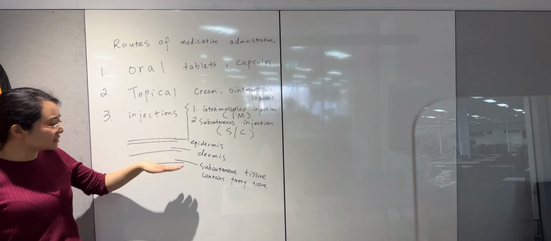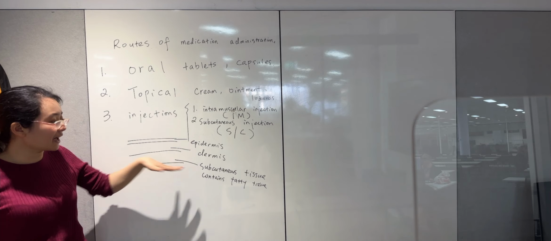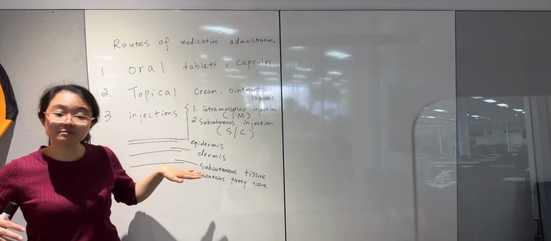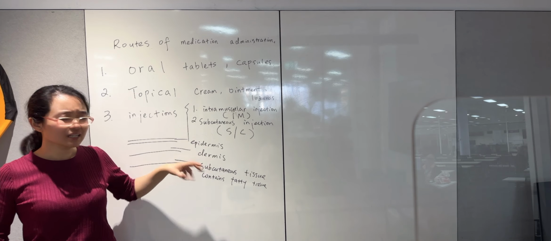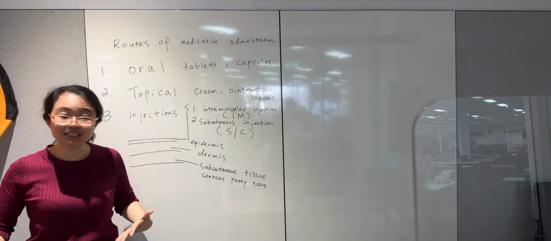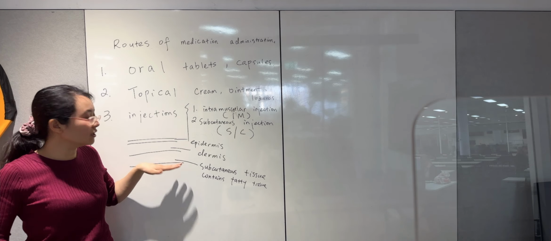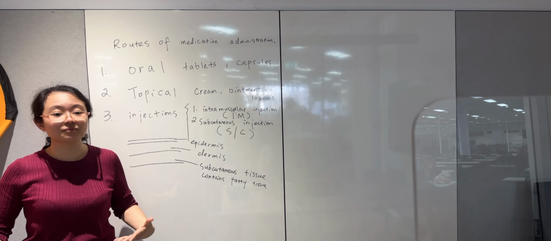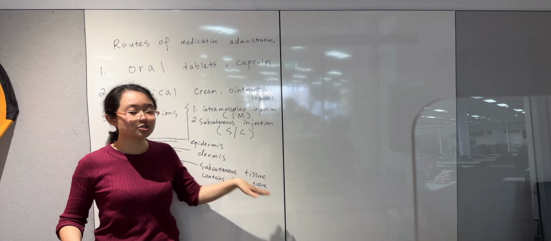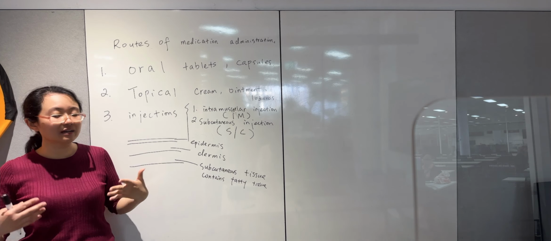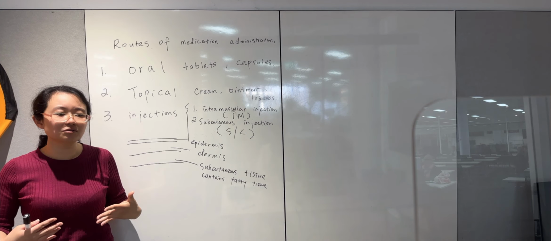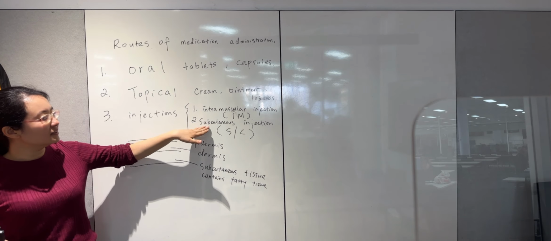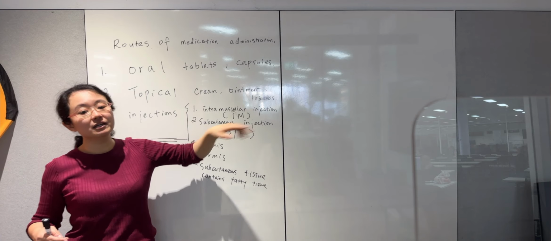The subcutaneous tissue has good blood vessels and rich fatty tissues, so it can absorb the medication well and quickly. That's why this is a very common route of giving medication.